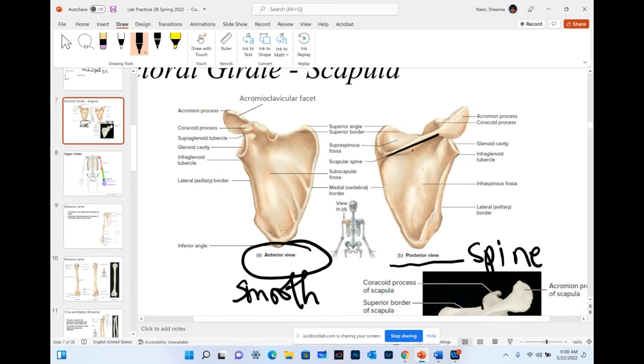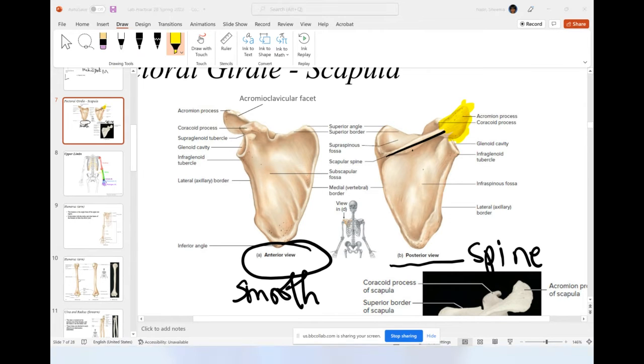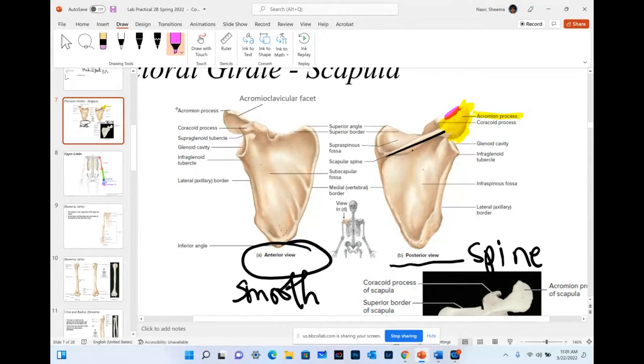Now the spine of scapula enlarges. Notice it enlarges right here. This enlargement is the acromion process. Now, pay attention to where I'm going to show you the acromioclavicular facet. The acromioclavicular facet is right here. Do you understand?